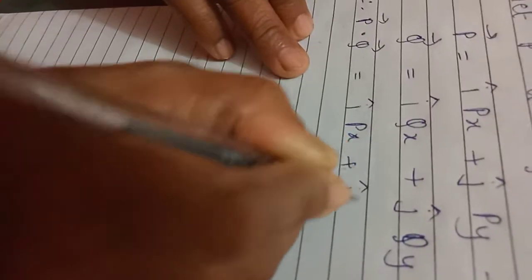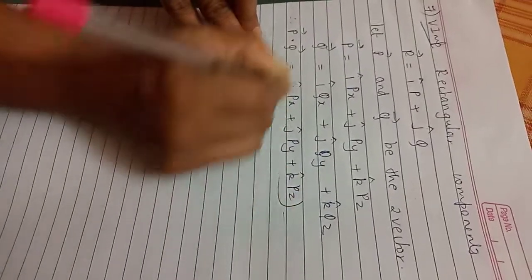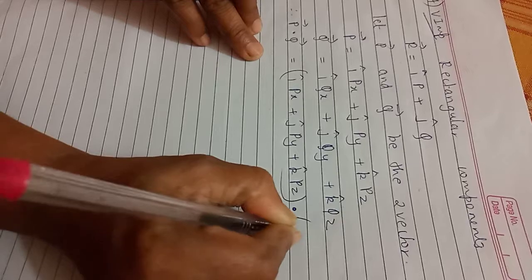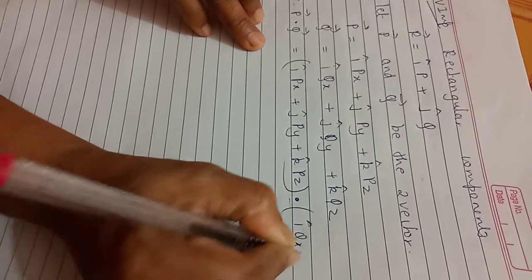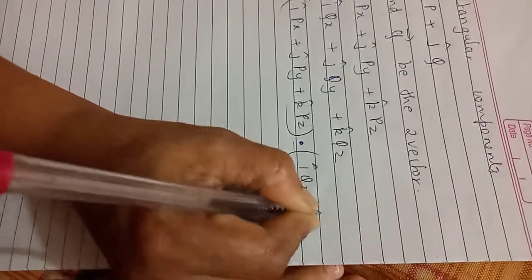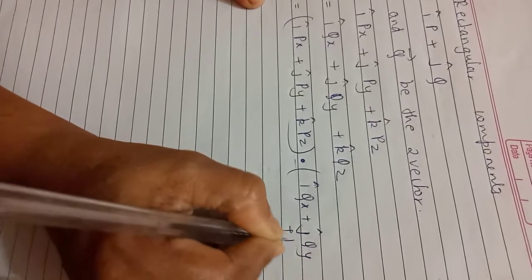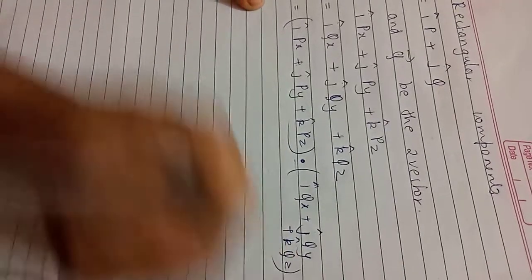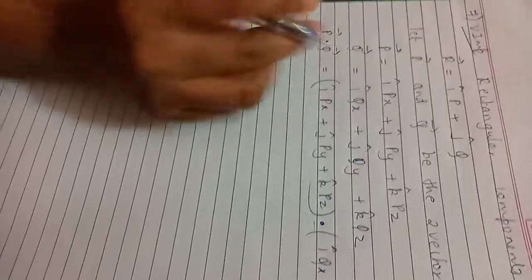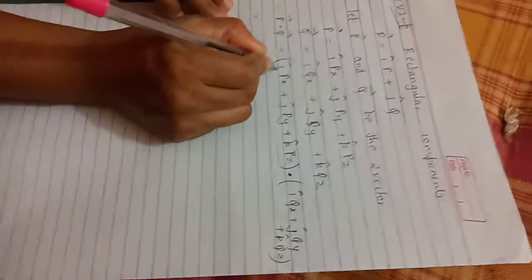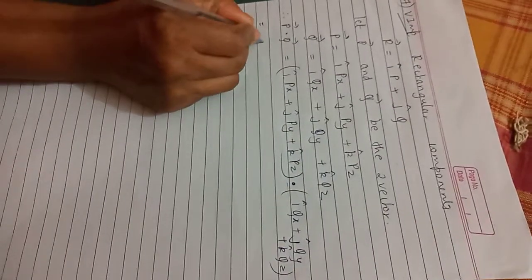Therefore, look carefully, P dot Q is equal to what? Unit vector I Px plus J Py plus K Pz dot I Qx plus J Qy plus K Qz. Now you have to multiply the full bracket. You take this term and multiply it by everything.